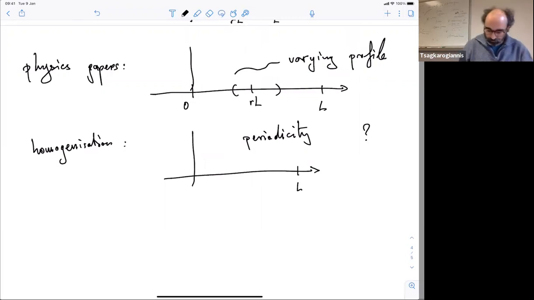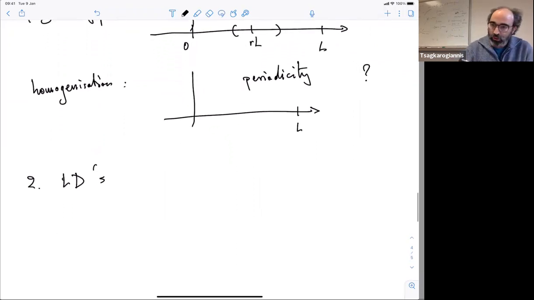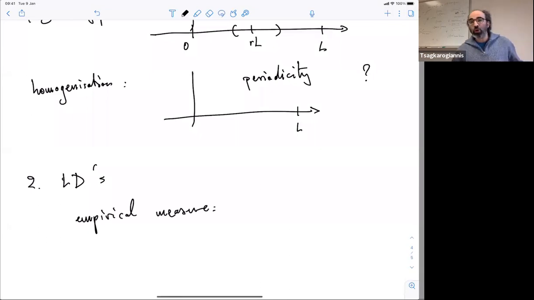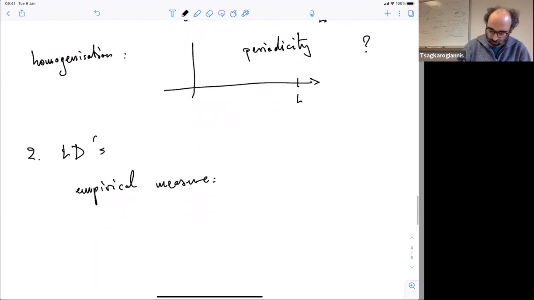Okay, so now we go to large deviation. So how do we usually study this? So we need an empirical measure. So the empirical measure is the quantity of interest. So for example, if I need the density, which carries the microscopic information to the macroscopic scale. So it would be a measure which is indexed by the volume, the size of the box, and it has a given configuration.